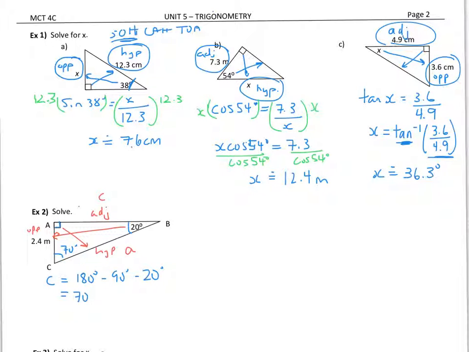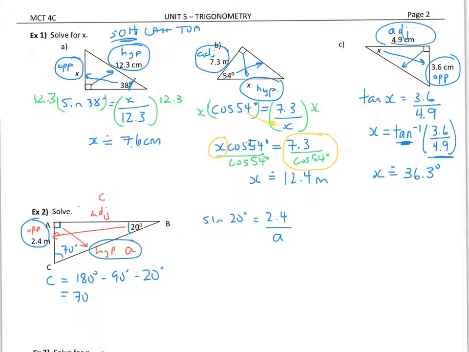Side a is the hypotenuse. If I want to solve for side a and I know my opposite, I could use the sine of 20 degrees equals opposite 2.4 over that hypotenuse, which is lowercase letter a. Now notice that when we solved and the variable was on the bottom, x ended up being equal to 7.3 over the cos of 54 degrees.